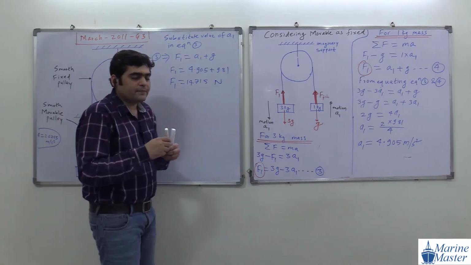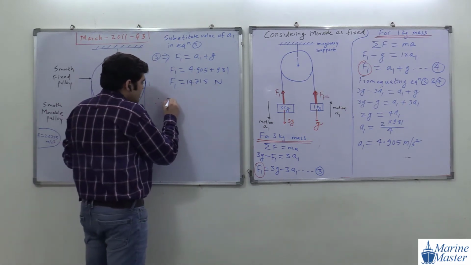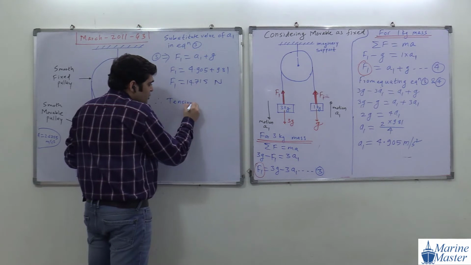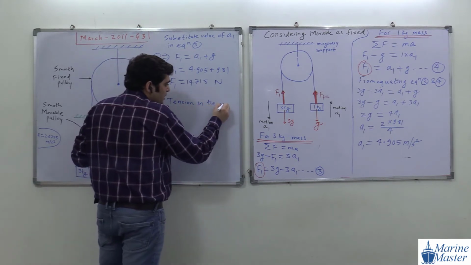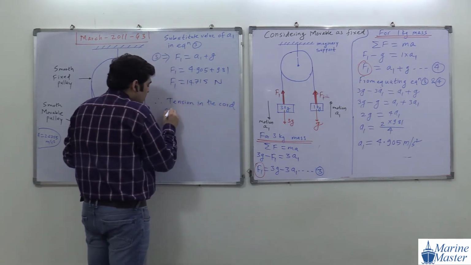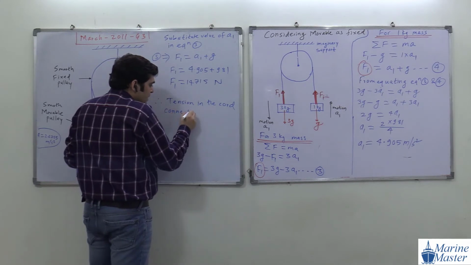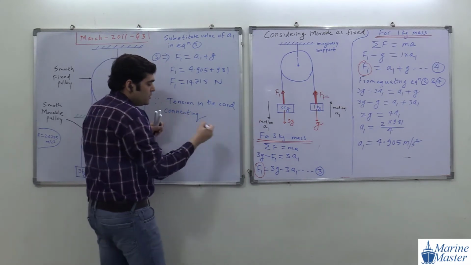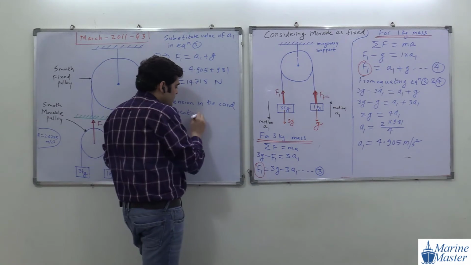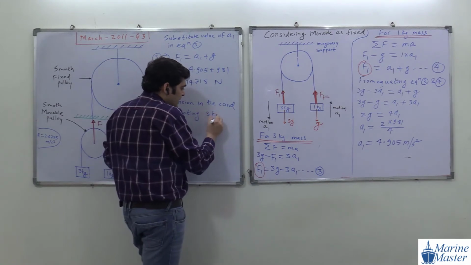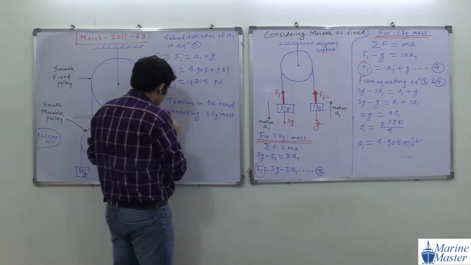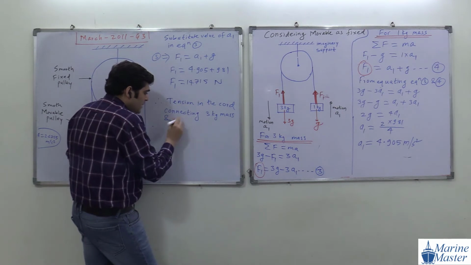So therefore, try to see the scenario. Therefore, the tension in the cord connecting the 3 kg mass and the 1 kg mass.